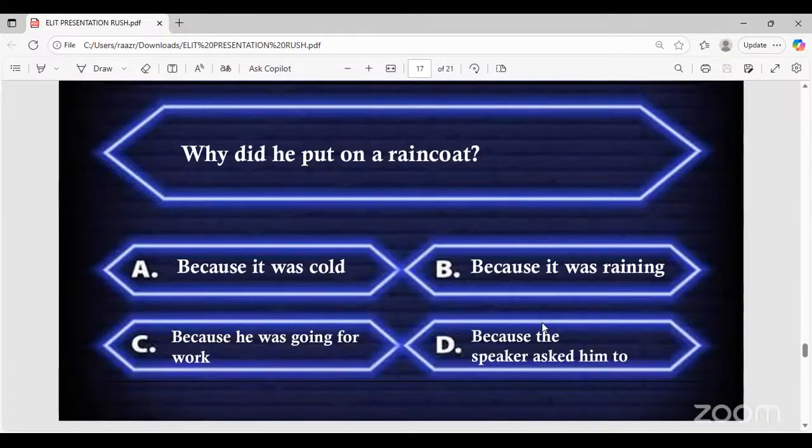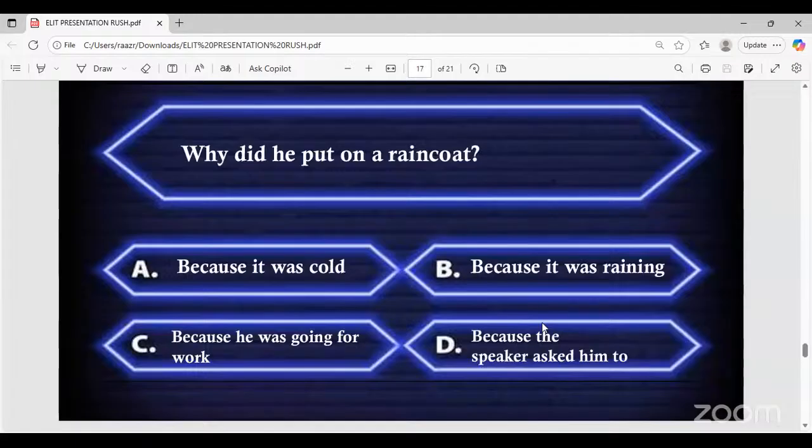Okay, next question is why did he put on a raincoat? Because it was cold, because it was raining, because he was going for work, because the speaker asked him to.